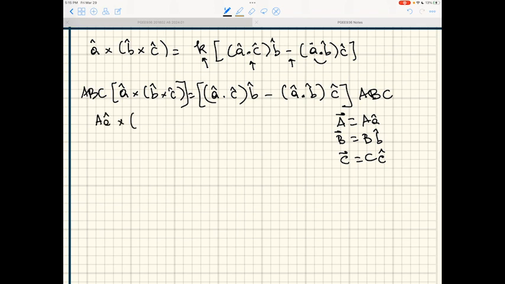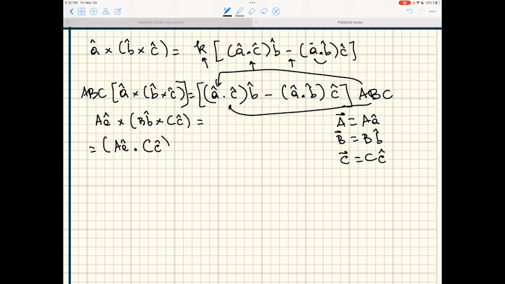AA cross BB cross CC equals to, then I can join the similar things here, AB. So it's going to be AA dot CC times BB minus AA dot BB times CC. So that's ACB minus ABC.